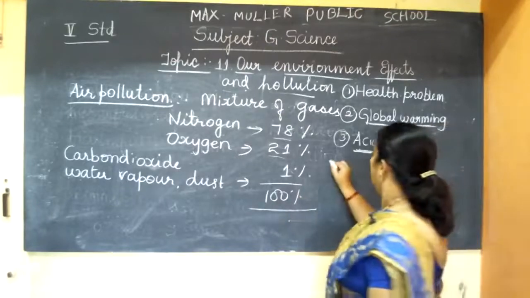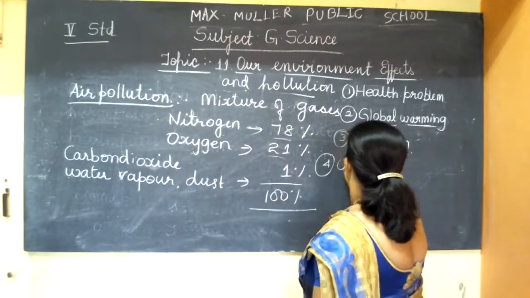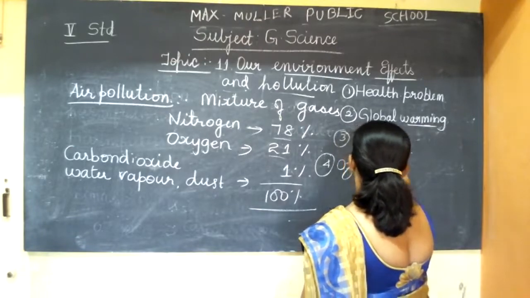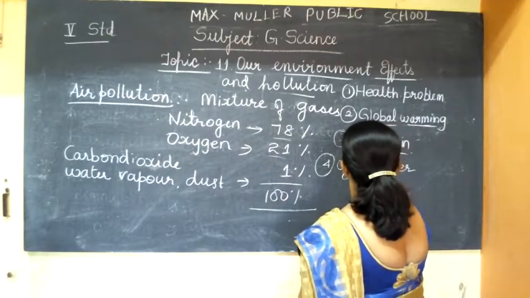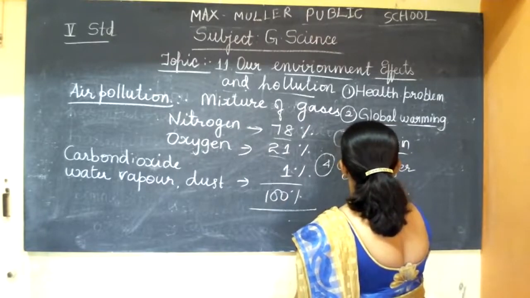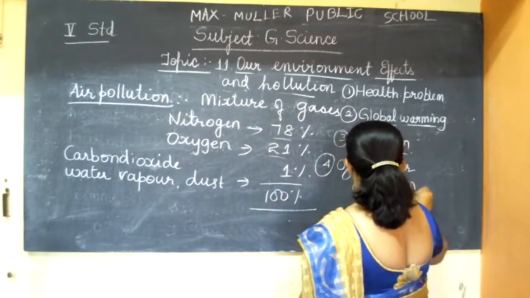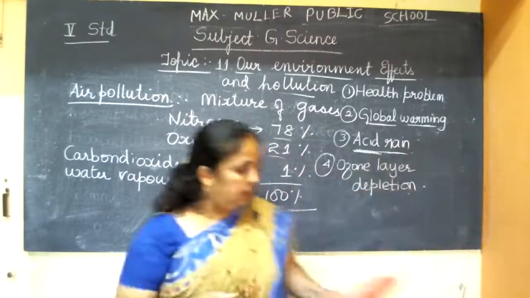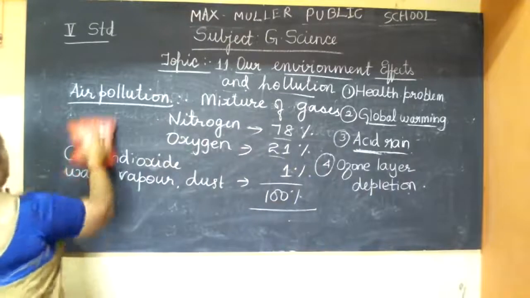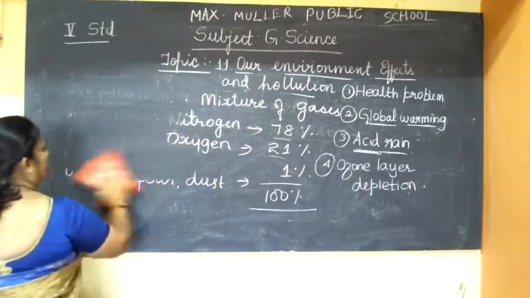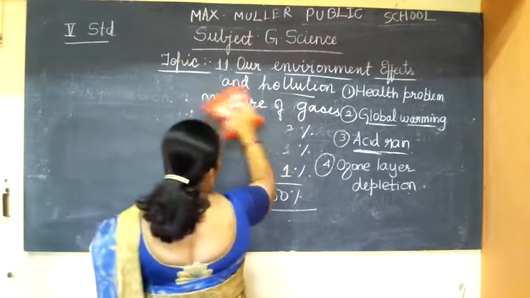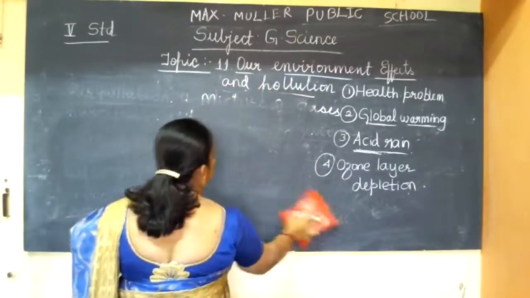Okay. And the next one is the ozone layer depletion. So what is this ozone layer? What is depletion? The earth is surrounded by different layers.